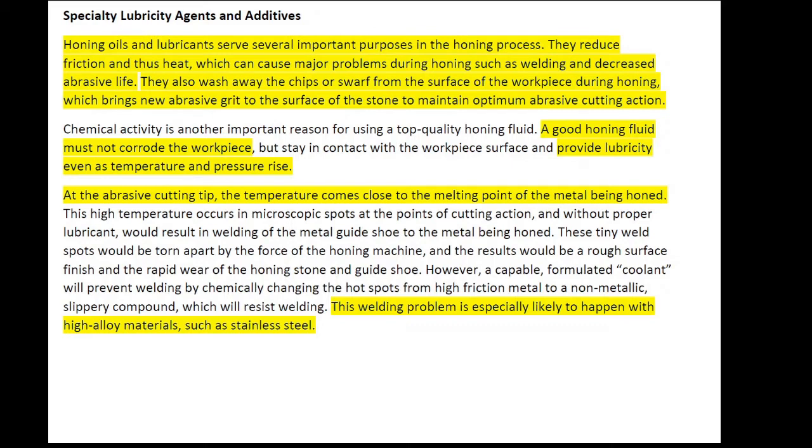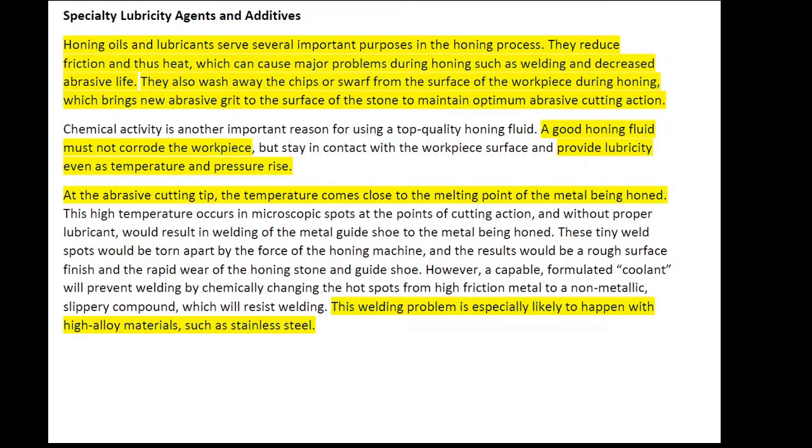During honing operation, friction occurs between the honing stone as well as the workpiece surface. This will generate frictional heat, and the major problems associated with the frictional heat are the welding as well as the decreased abrasive life of the honing tool.